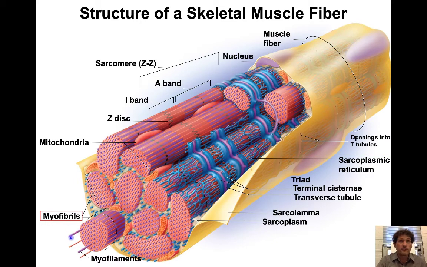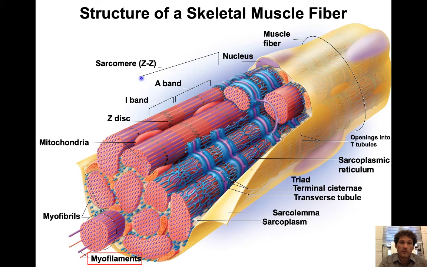All right, now those myofibrils are long bundles, and they take up most of the space within our sarcoplasm. You can see these big bundles, and within those myofibrils we have myofilaments. We're going to learn about how these interact; they are actin and myosin, and that's where all the magic is happening.